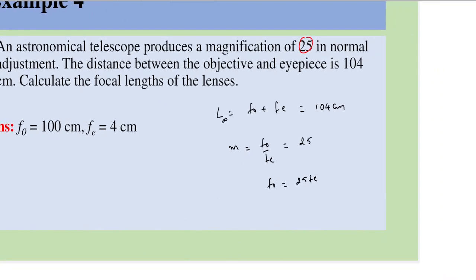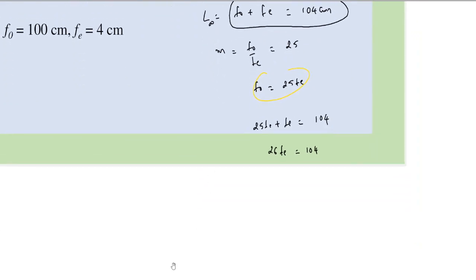We put it back in this expression: 25 fe plus fe is 104 centimeter, because f0 is 25 fe. Therefore 26 fe is 104, or fe is 104 by 26, which is equal to 4.